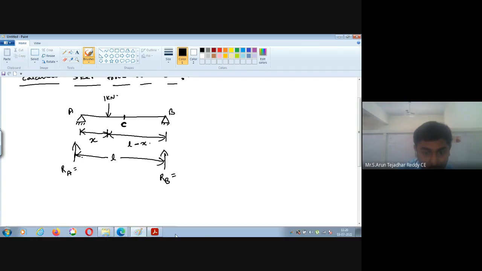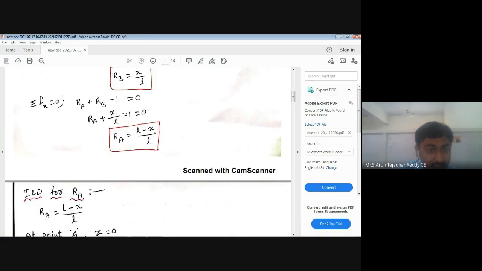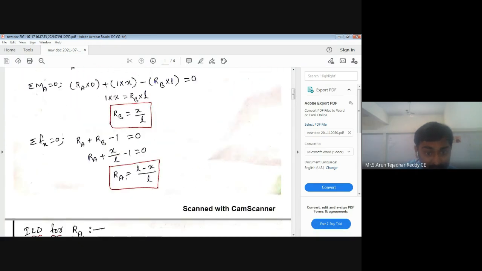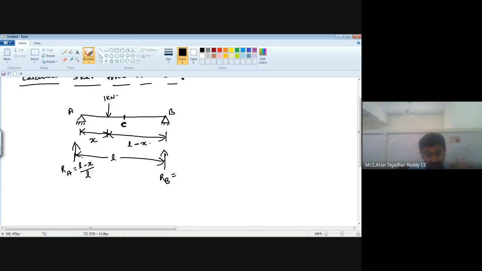See, this is our previous class, ILD for reaction, and in that we got RA equal to L minus X by L, RB equal to X by L. Same values, just write here RA is L minus X by L, and RB is X by L.